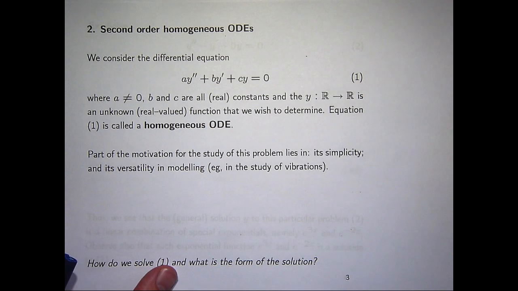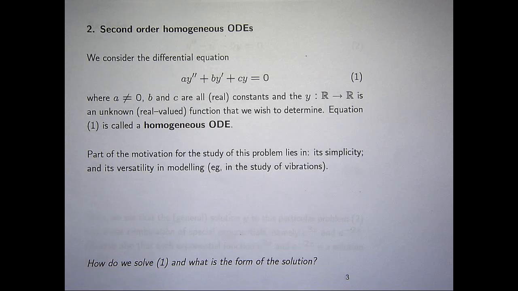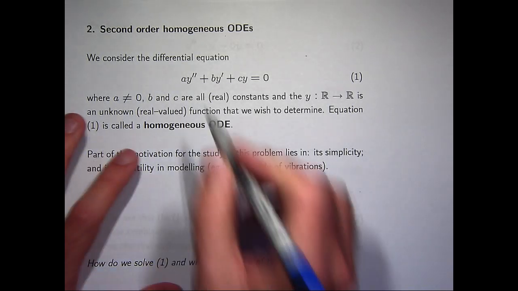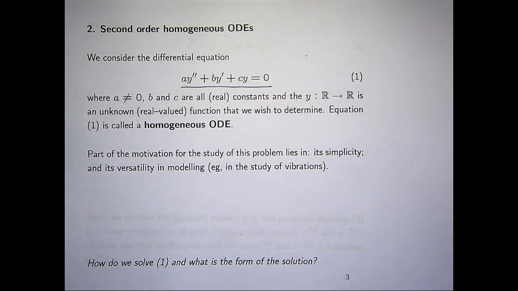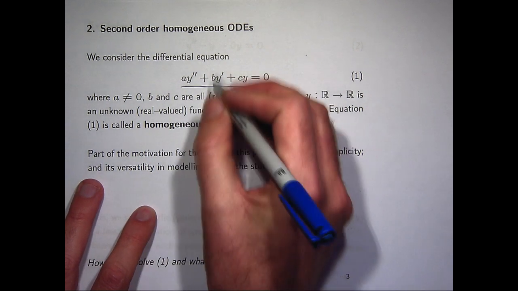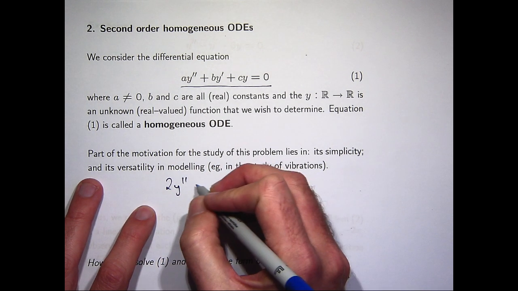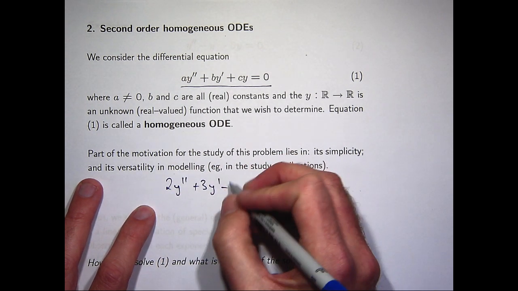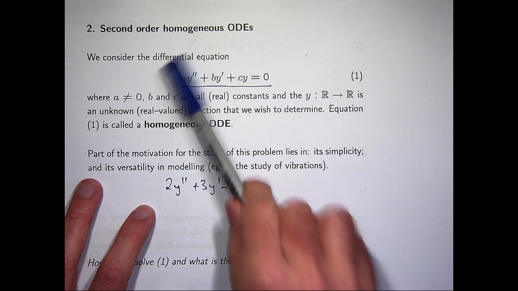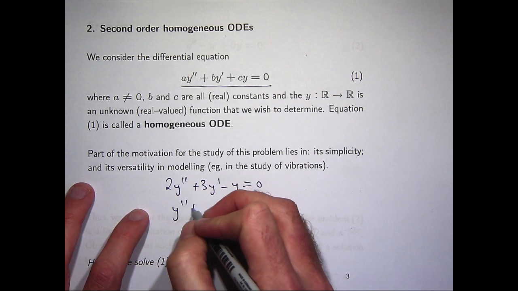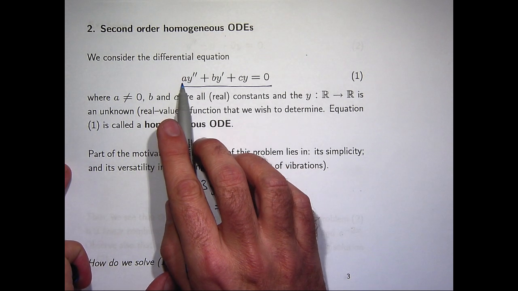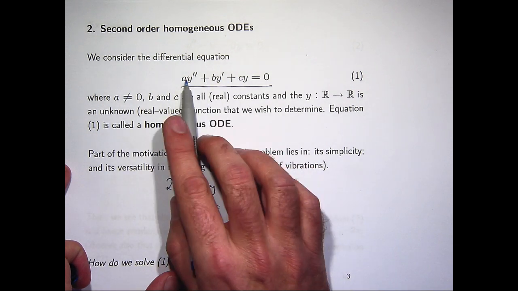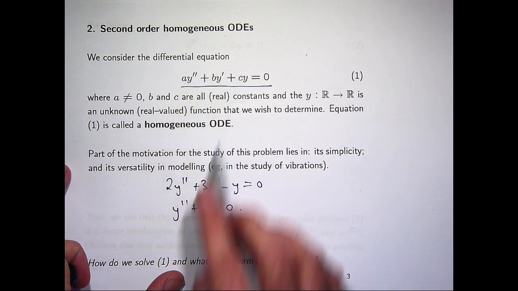Okay, so the subject of this presentation is all about the following problem. Here A, B and C are just constants. So something like this might be a special case of this problem up here, or something like this. In particular, the coefficients of the derivatives in the ODE are all constants, okay?